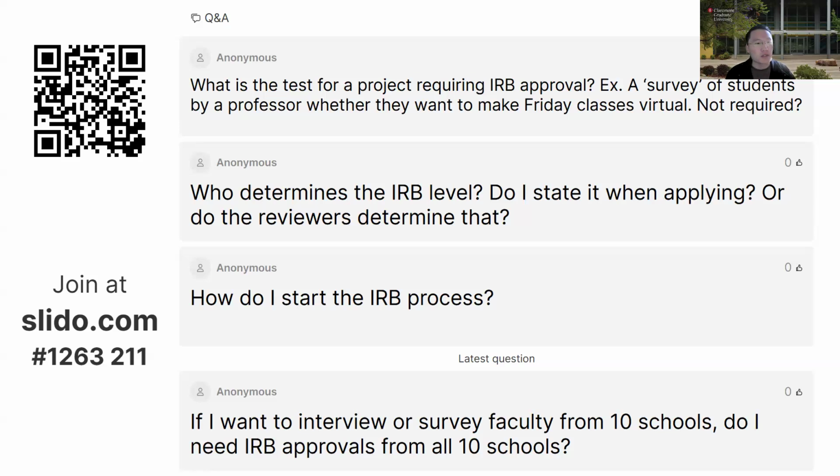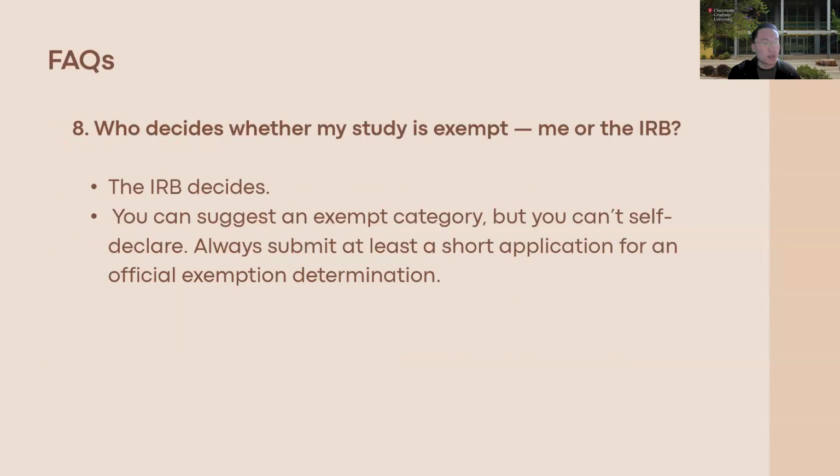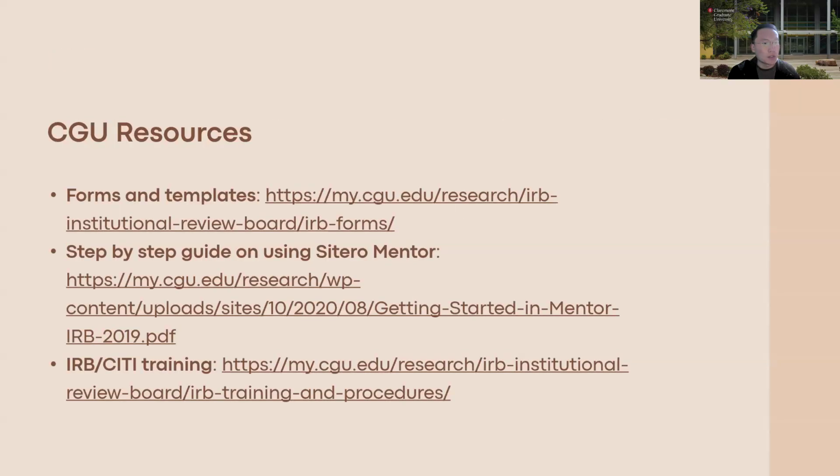How do I start the IRB process? That's a great question. I think you can go to the CGU student app, or you go to CGU IRB. Either of those places, you can find a link to this Cayuse Mentor app.